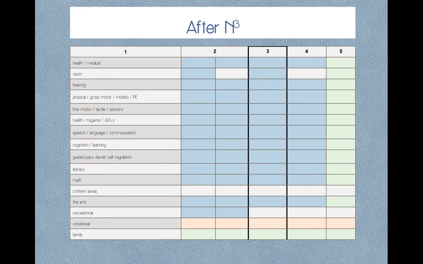So let's take a look at the after sample. In the after, exact same team, exact same student. All of the blue areas are areas where they had entered information by the time that I had returned. Where you see green means we were going to cover that information in that meeting. They actually hadn't yet entered that, but it wasn't because they didn't have it.